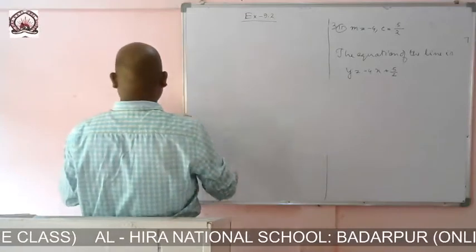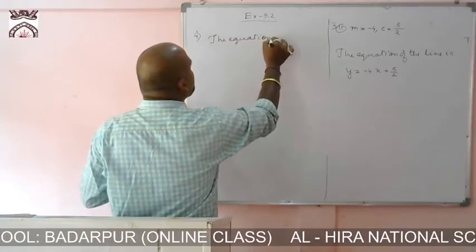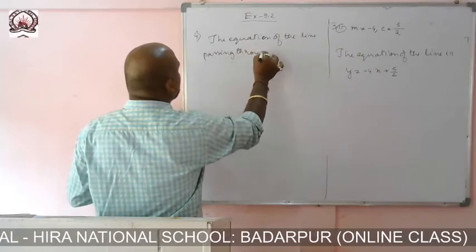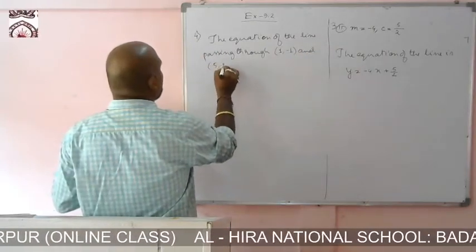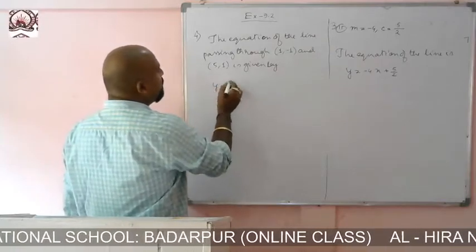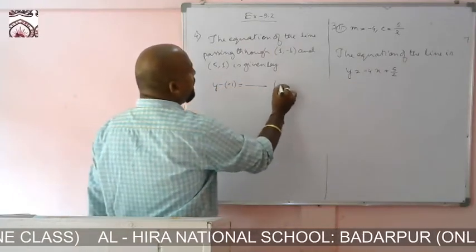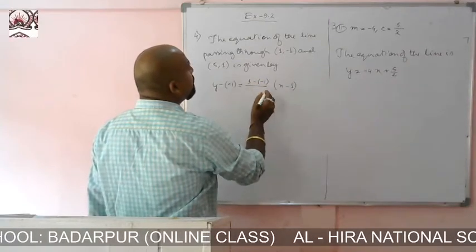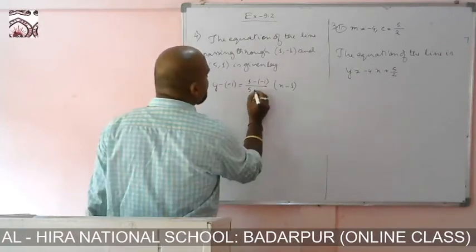Now, question number 4. The equation of the line passing through (1, minus 1) and (5, 1) is given by y minus (minus 1) equals (1 minus (minus 1)) divided by (5 minus 1) into (x minus 1).